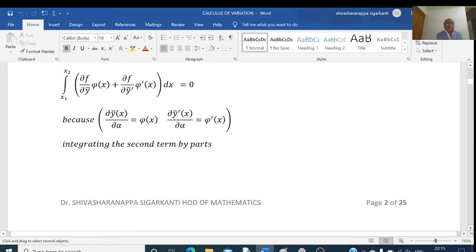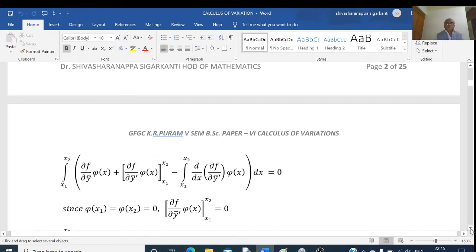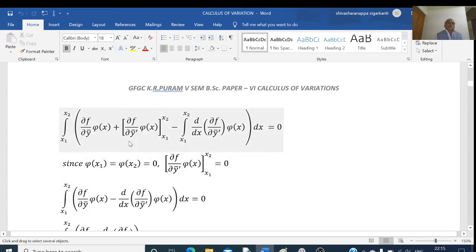Integrating by parts the second term, what we get is first term as it is dou f by dou y bar into pi of x as it is plus first function into integral of pi dash of x is pi of x between x1 and x2 minus under integral sign derivative of first d by dx of dou f by dou y bar dash into integral of second, integral of pi dash of x is pi of x into dx.